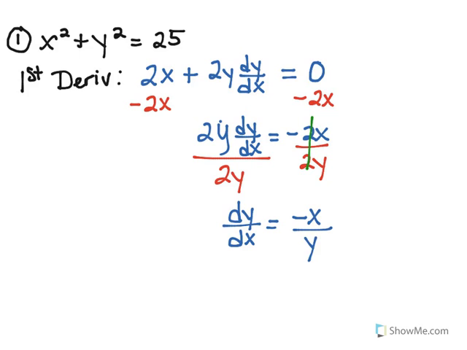So we're going to use that derivative to find the second derivative. So here we go. We have dy/dx equals negative x over y. Now that's technically a function over a function, so I need to use the quotient rule to find the second derivative.